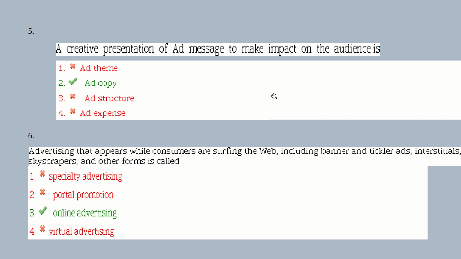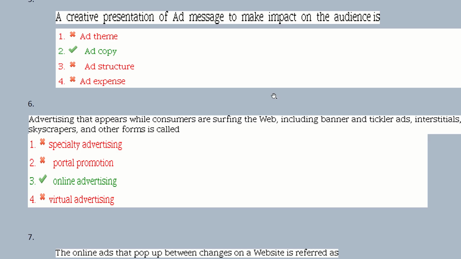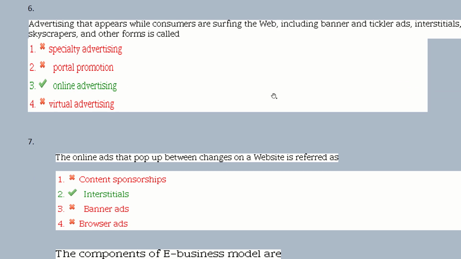A creative presentation of ad message to make impact on the audience is called ad copy. Advertising that appears while consumers are surfing the web, including banner and tickler ads, industrials, skyscrapers, and other forms, is called online advertising.